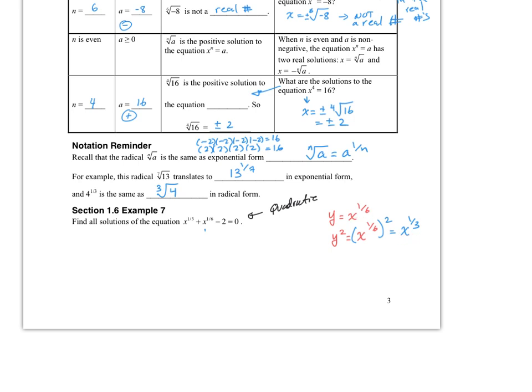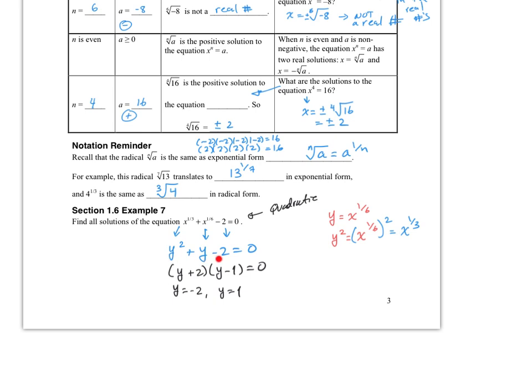So therefore, you can rewrite this equation as y squared plus y minus 2 equals 0. Okay, so this is the y and the 2 is there. And like the previous ones, you can just factor this easily. This is y plus 2 and y minus 1 equals 0. So therefore, the solution for this part is negative 2 or 1.